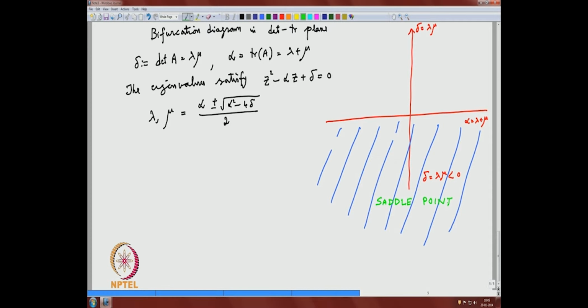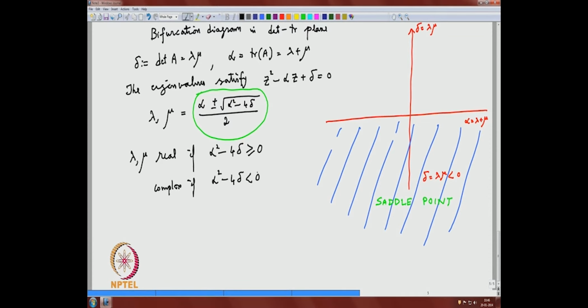Now, let us look at the situation when these eigenvalues are real. You have lambda, mu real if alpha square minus 4 delta is greater than or equal to 0, and complex if alpha square minus 4 delta is less than 0. In the alpha delta plane, alpha square minus 4 delta equal to 0 determines a parabola. So, you have to draw the parabola here.